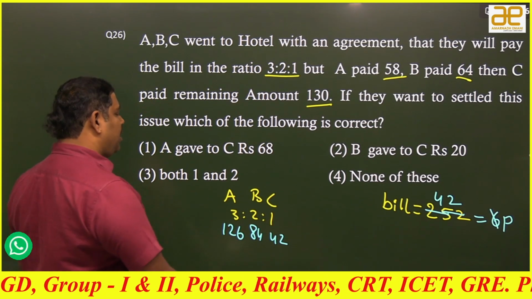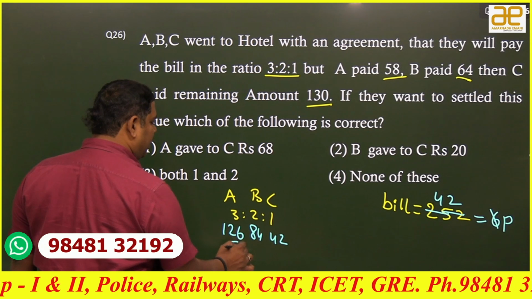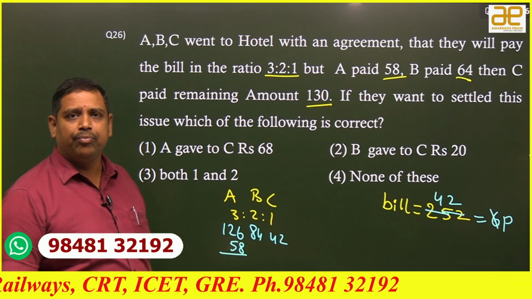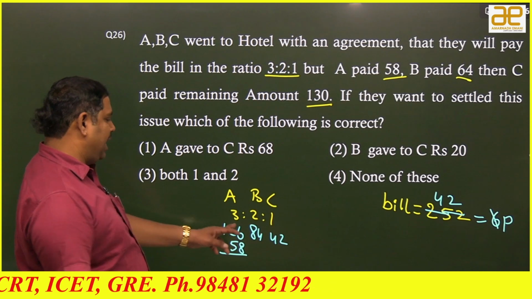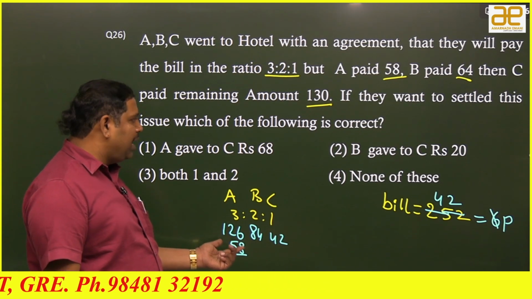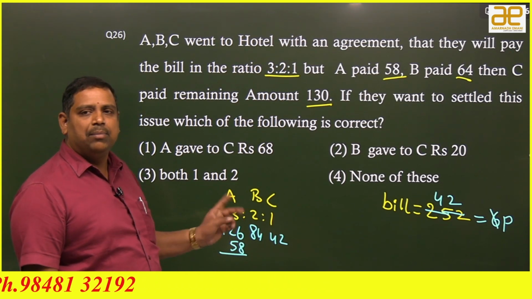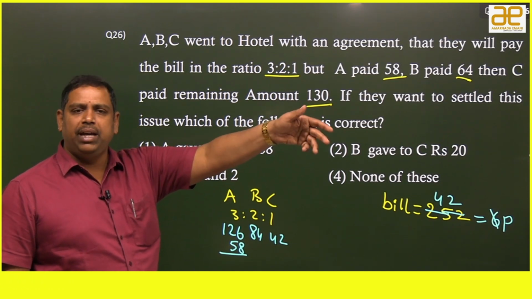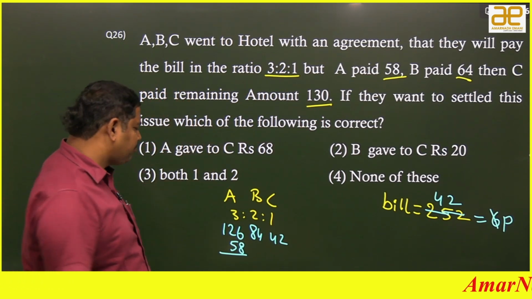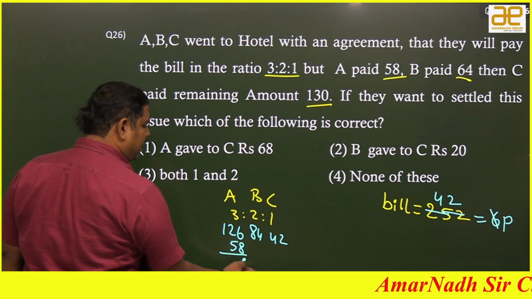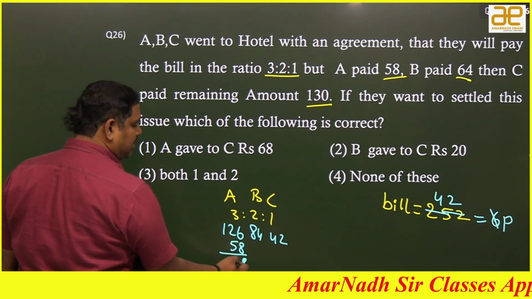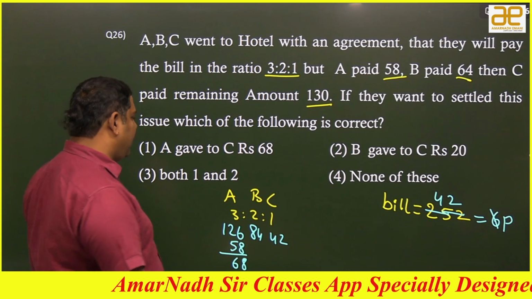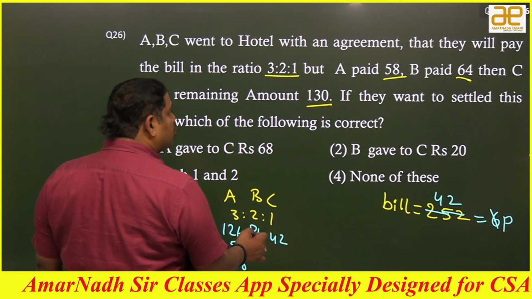Now how much did they pay? Observe, A paid only 58 rupees, so the remaining gap he has to repay. A has to pay 126 rupees but paid only 58, so the remaining amount he has to pay either to C or to B or both. The gap is 68 rupees, which A will pay. To whom, we will see later. Next, B has to pay 84 rupees.